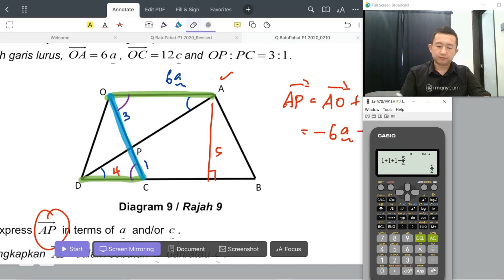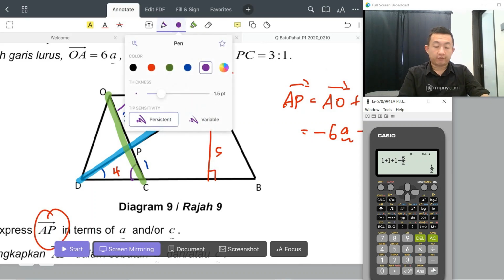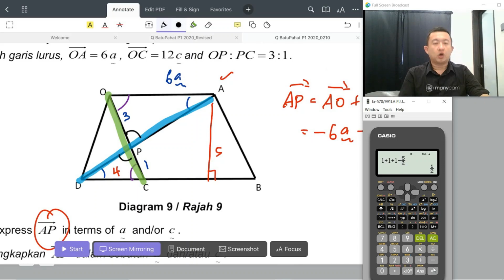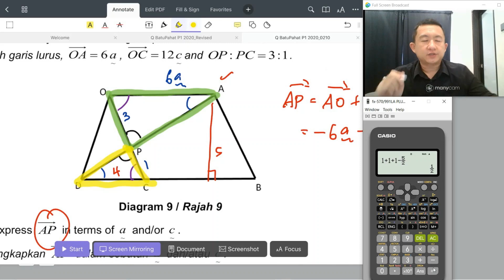Okay. And then this line intercept with this line, and you have these two opposite angles identical. Now, what did you observe? What did you observe? These two triangles have the same angle, you know.